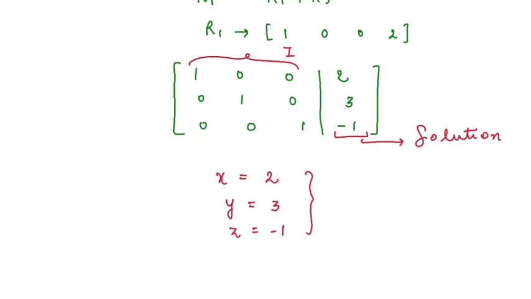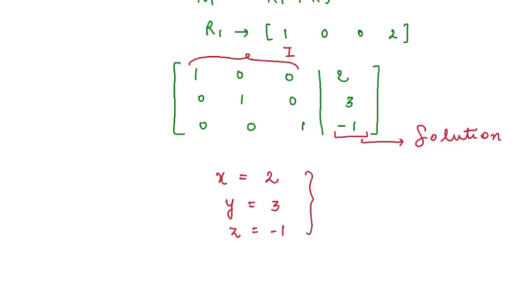So today we started the Gauss-Jordan elimination method, one of the most powerful direct methods for solving systems of linear equations. We began by understanding the motivation behind the method and saw how it extends the Gauss elimination method. We learned that instead of stopping after obtaining an upper triangular matrix, the Gauss-Jordan method continues the elimination process until the coefficient matrix is transformed into the identity matrix.